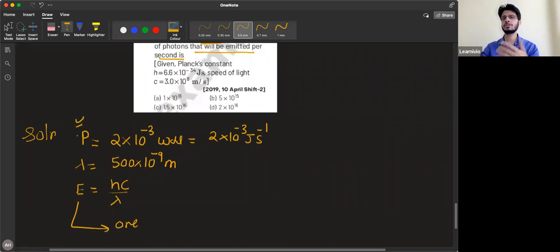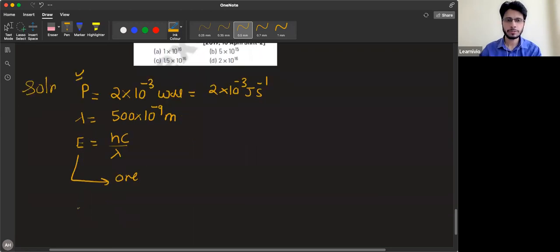This is just a simple unitary method. The number of photons will be the power emitted by the source divided by the energy of one photon, which is hc by lambda. So this lambda will go to the numerator.